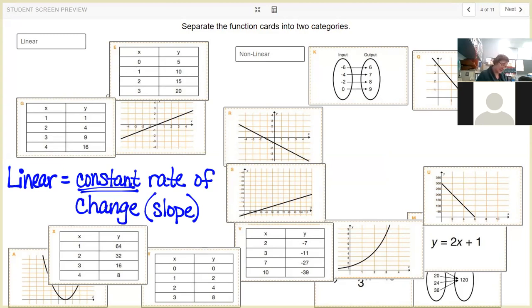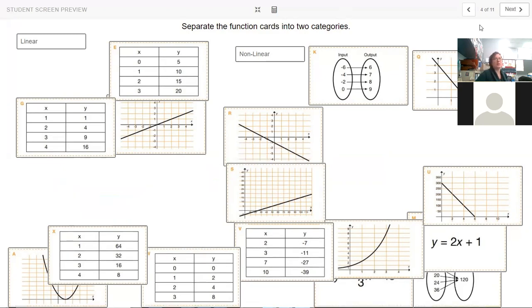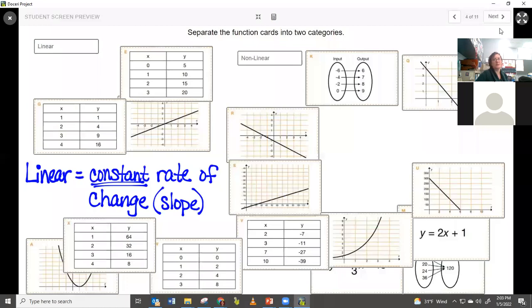See, Kyla, I still don't see you, but I see everybody else. Nicole, you want to press this next button up here in the corner to go over to screen number 4. You want to be looking at the card sort that's on screen 4.